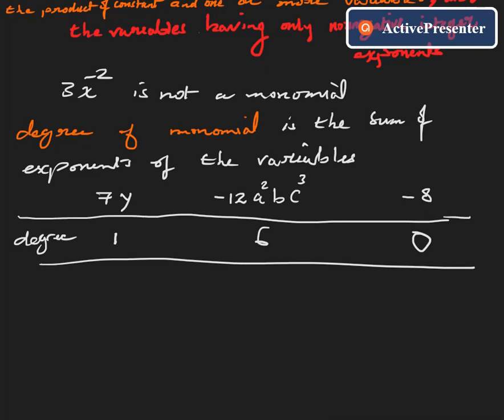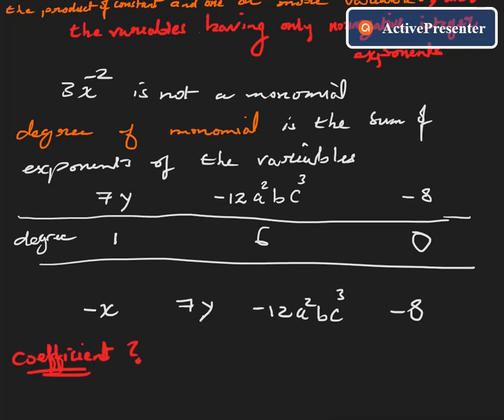Now if I take several monomials, minus x, 7y, minus 12a squared bc cubed, and minus 8, and I ask you what is the numerical coefficient, or simply the coefficient. The coefficient is simply the constant multiplying the variables.